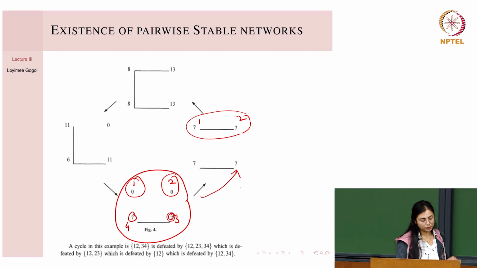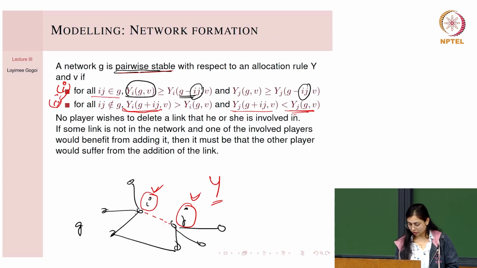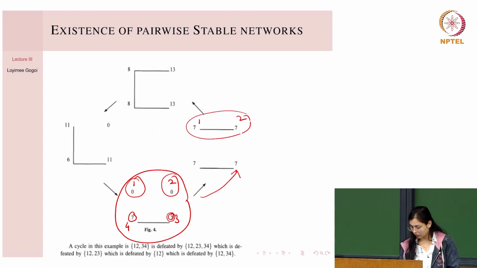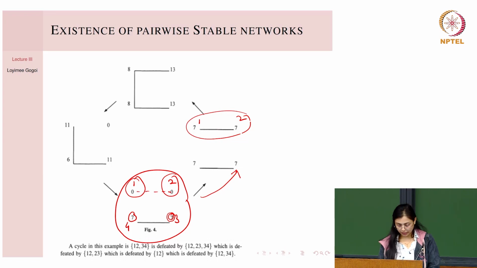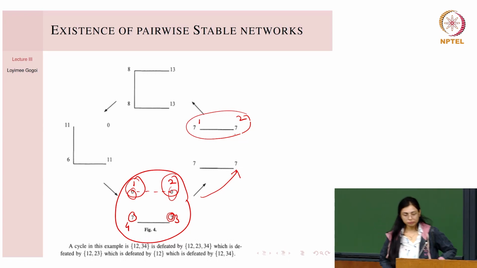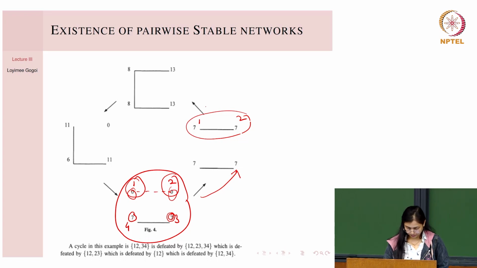Remember the first condition: 1 and 2 are not connected here, and they get 0 payoff, but when they form a link, they are getting 7, 7, okay.